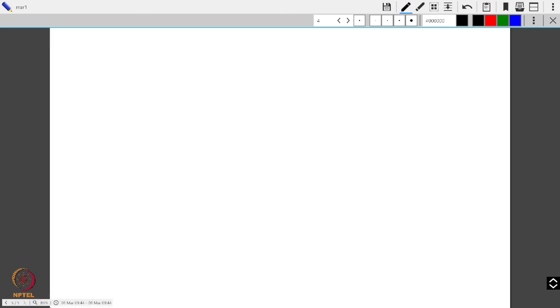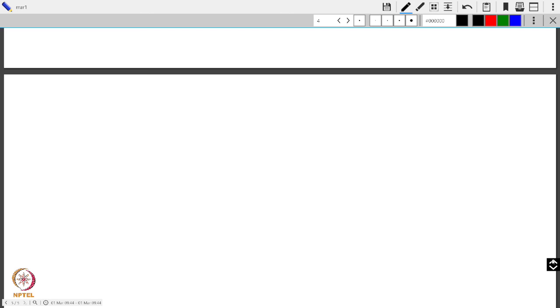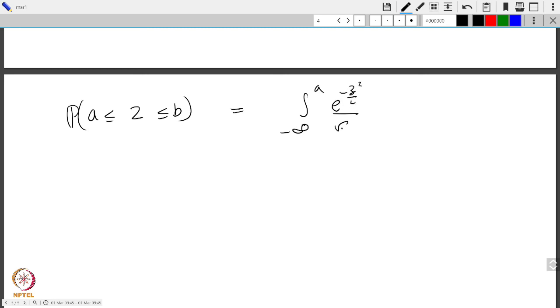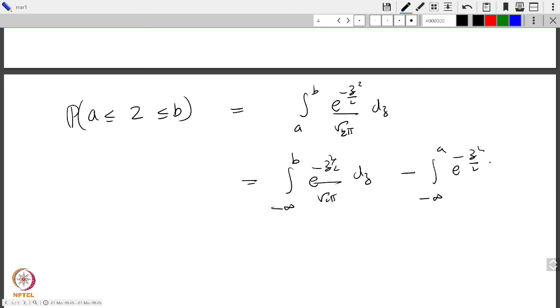I was interested in calculating the probability that A is less than or equal to Z, which is less than or equal to B. That's just, as we write, the integral from minus infinity to B of e to the minus z squared by 2 over root 2 pi dz, minus the integral from minus infinity to A of e to the minus z squared by 2 over root 2 pi dz.